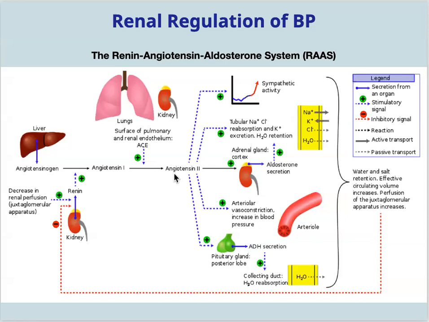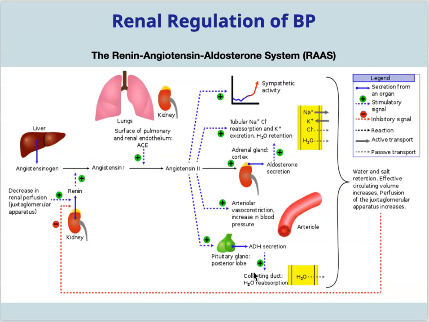And furthermore, angiotensin II acts to stimulate the pituitary gland, specifically the posterior pituitary, to increase its secretion of ADH. And ADH, as we previously mentioned, allows for increased water reabsorption. Okay, and there's an important distinction between the effect of ADH and aldosterone, something we'll re-emphasize again in 2 more slides.